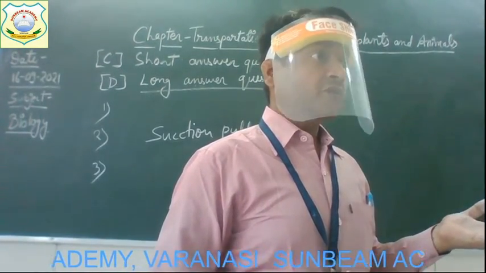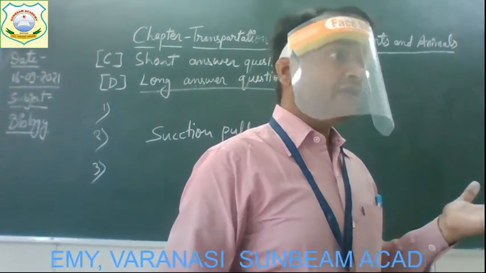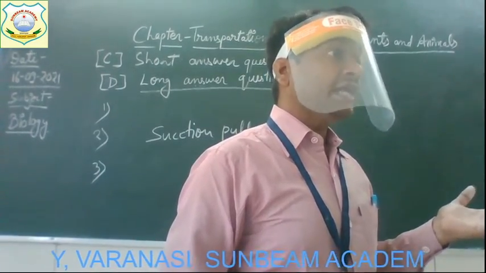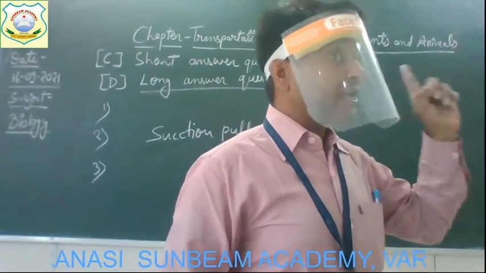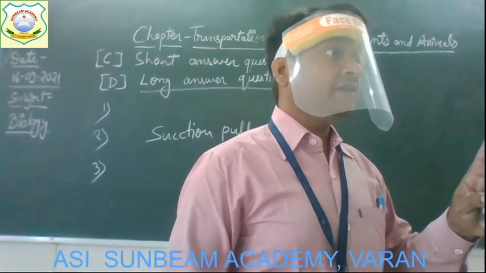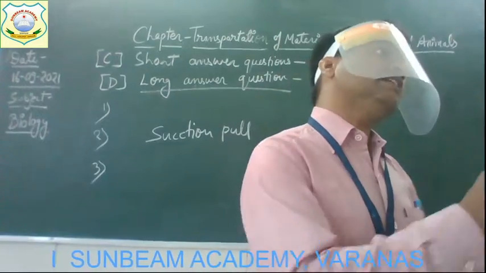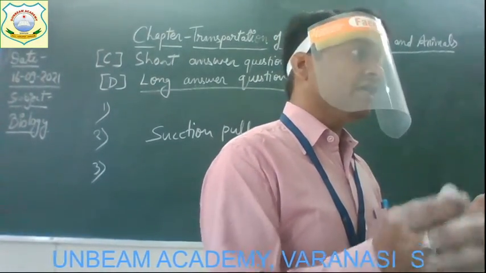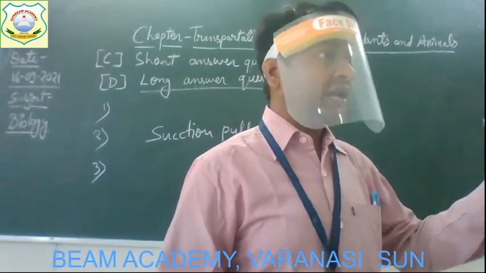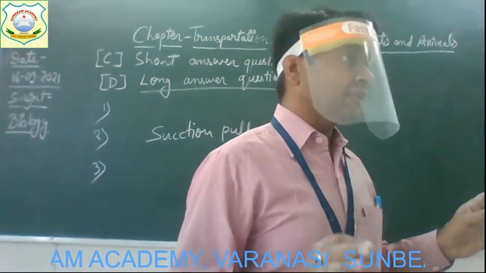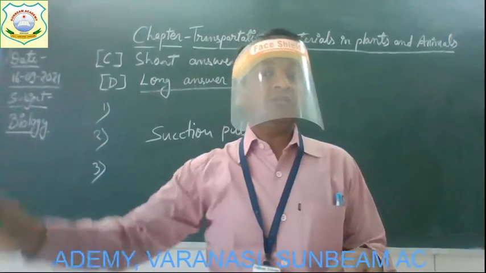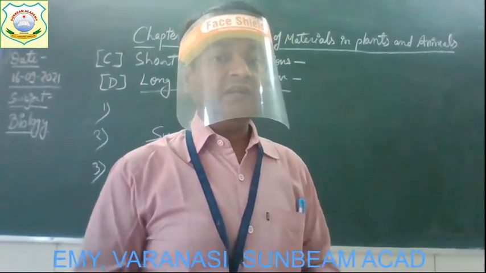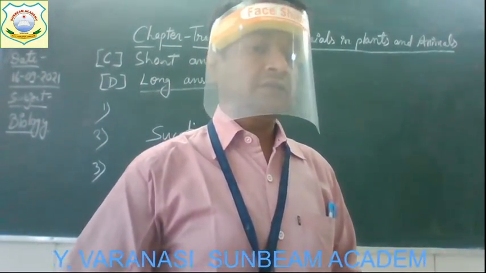Kidney, where metabolic waste is separated, and lungs, where carbon dioxide is separated. So these wastes are coming from all cells of the body, and in these organs, kidney and lungs, they are separated. Alright, so this is the complete transportation of the substances which occurs in the human body.